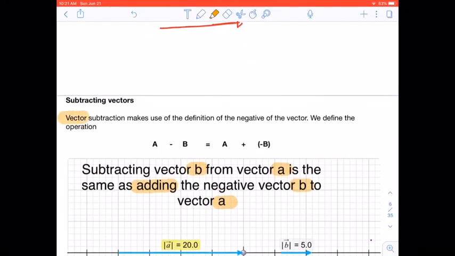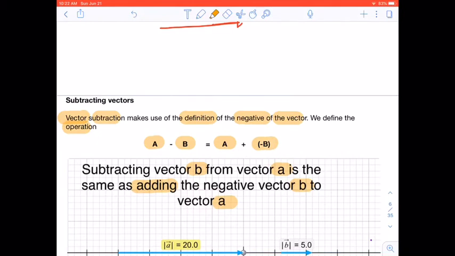Vector subtraction makes use of the definition of the negative of the vector. So we define the operation A minus B as the same as having A and reversing the direction of B.